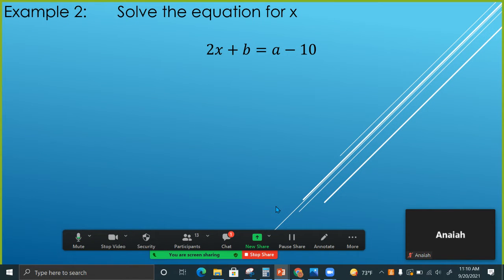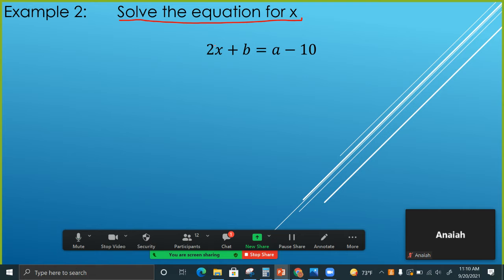And the instructions say solve the equation for x. Whenever we have one of these problems, I want you to look for the specific instructions. What are we solving for? Which letter do we want to solve for? Here it says x. Maybe it could have been a different question and they asked us for b or a. So it's important to know what we're trying to solve for in the first place.